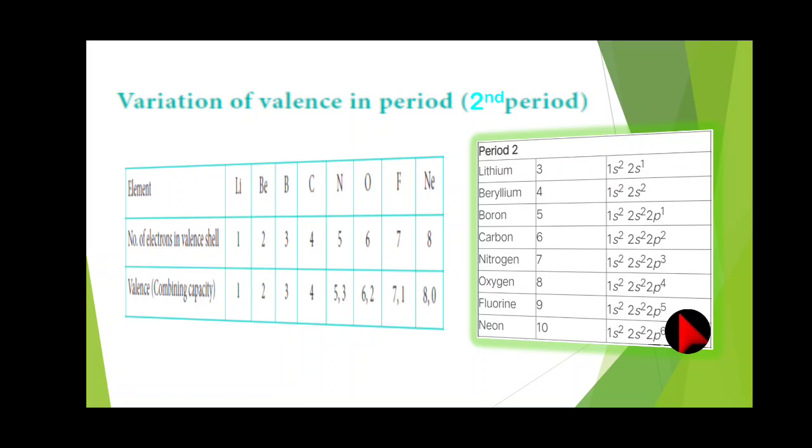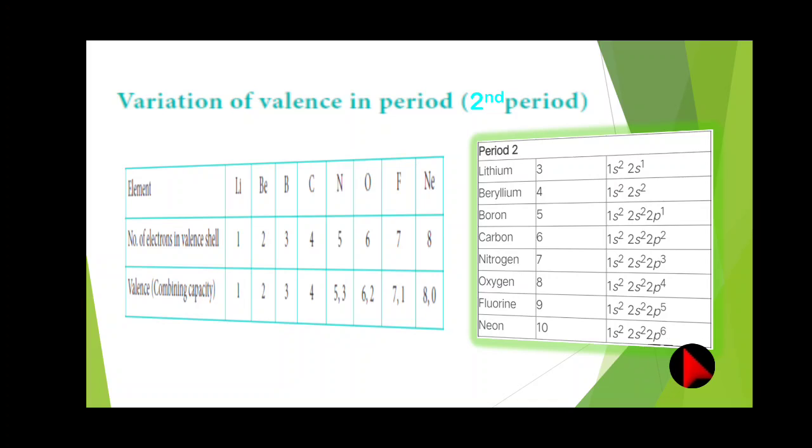Fluorine 9: 1s2 2s2 2p5. Now the combining capacity: it attracts in the last shell 1 electron from another atom, which means it is stable. That's why hydrogen is bonded with fluorine. So combining capacity is 1 electron. Neon is stable: 1s2 2s2 2p6.